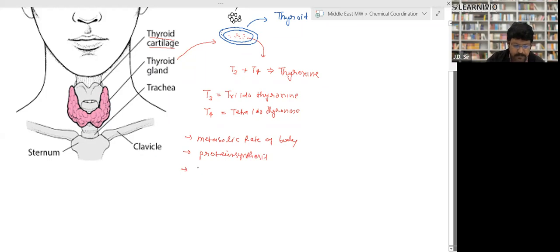They are responsible for mental development. They increase heat production, hence maintaining body temperature.